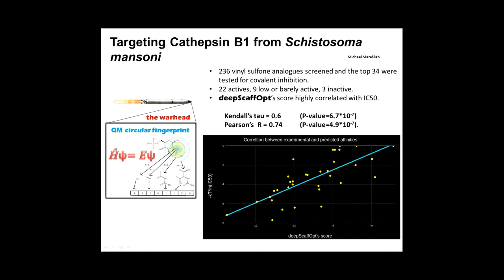So using this warhead and DeepScaffold, I ranked 236 vinyl sulfone analogs, and eventually we selected the top 34 for synthesis. Then collaborators tested them in the lab and found that 22 of them were active, 9 were low or barely active, and 3 were inactive.